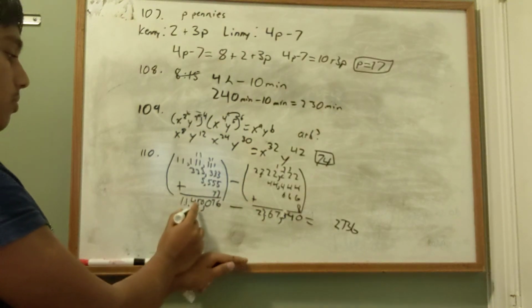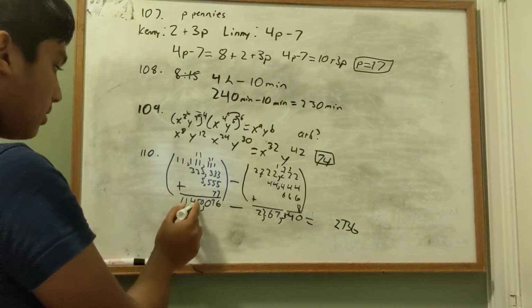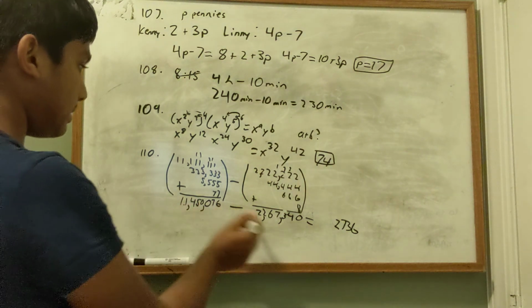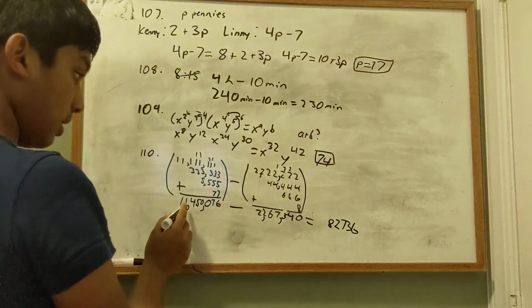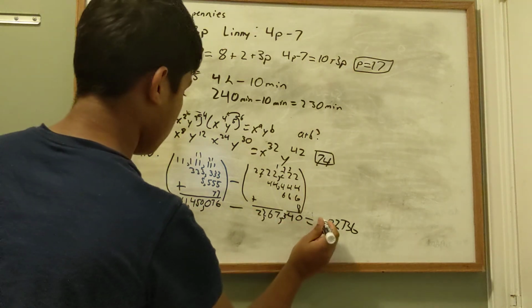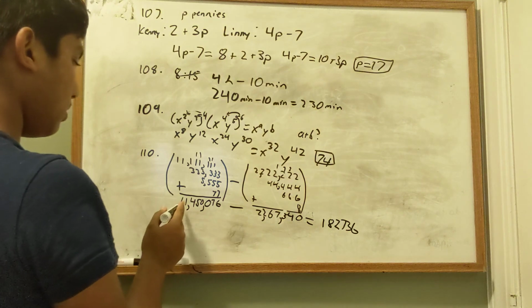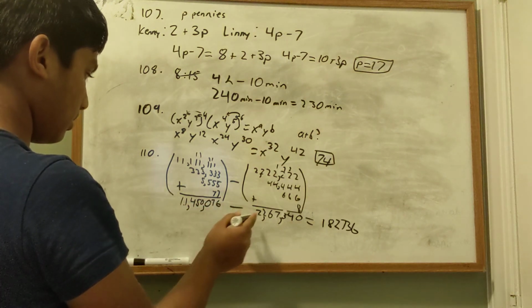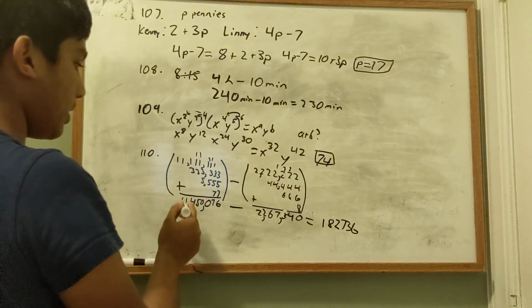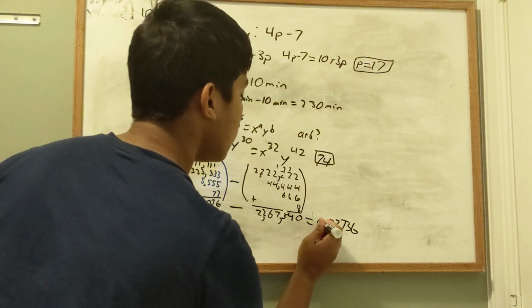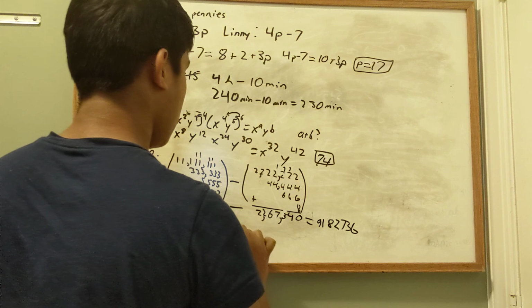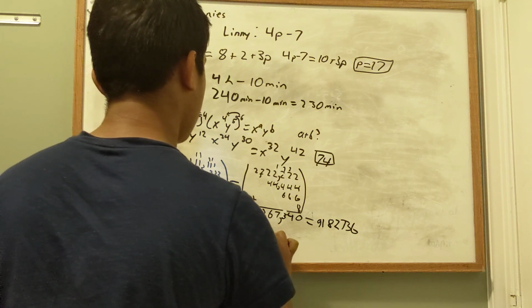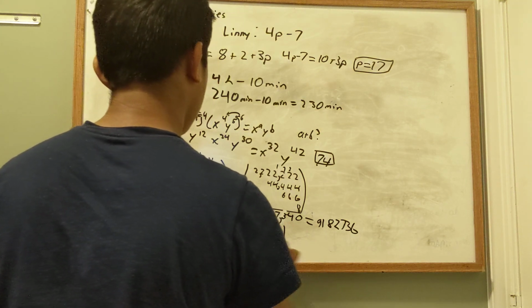This becomes 3, this becomes 14. 14 minus 6, 8. This is 3. 3 minus 2 is just 1. Then you'd have 1 minus 2. You can take this 1 and borrow it here and make it 11 minus 2. And then you get 9. So your answer would be 9,182,736. And that's your answer.